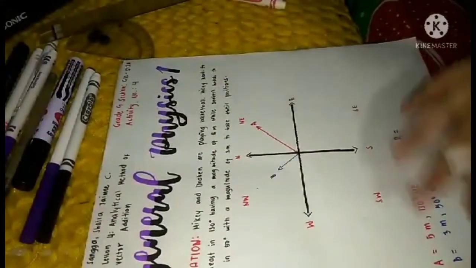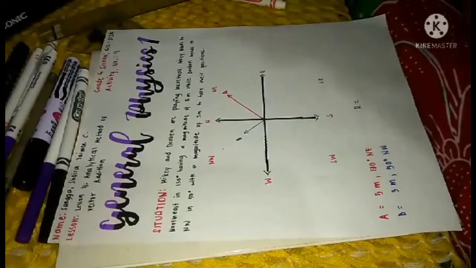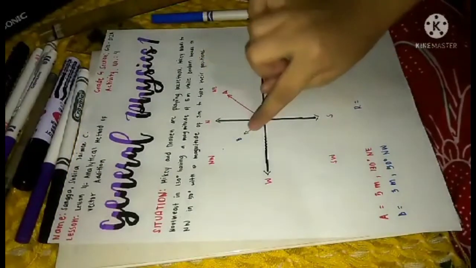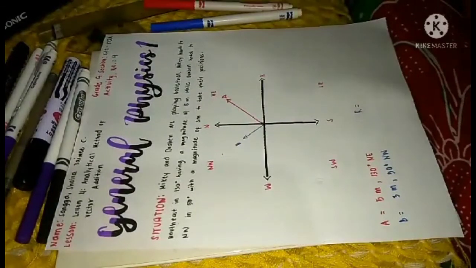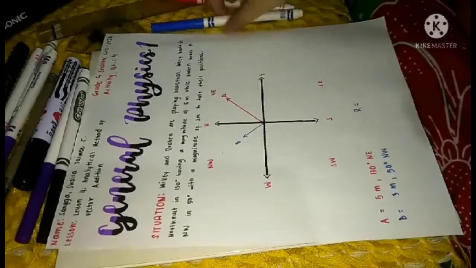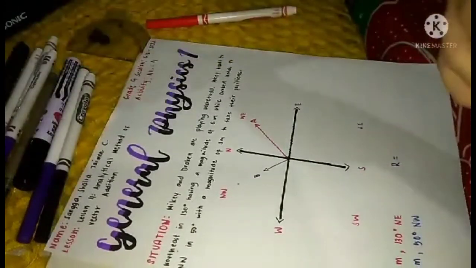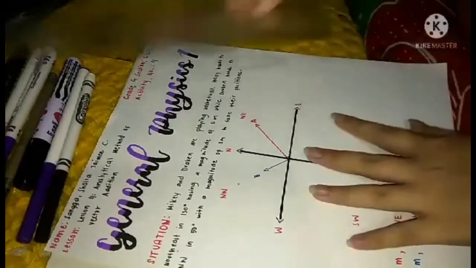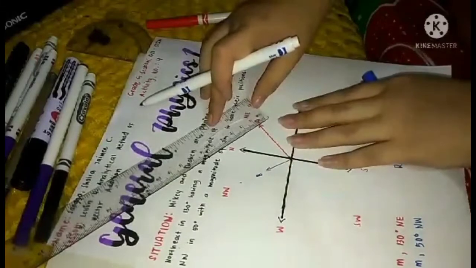So, sunod na gagawin. Next, ikakopy natin yung size ng bawat isa para makabuo ng parallelogram. So, yung B, ikakopy natin siya dito.